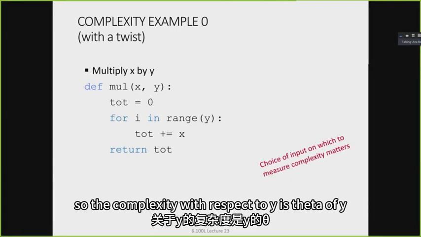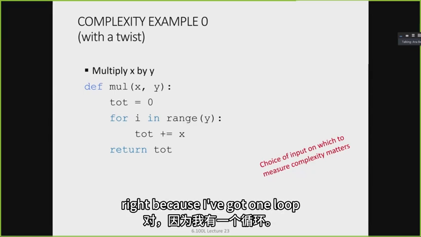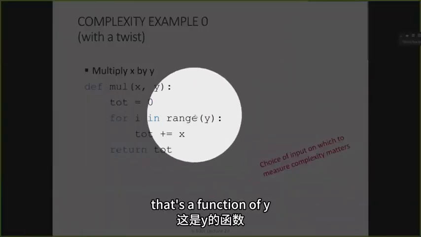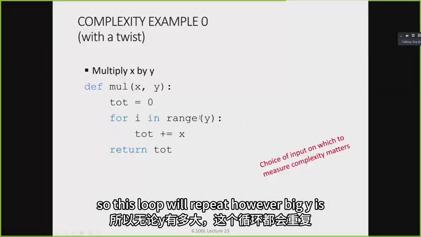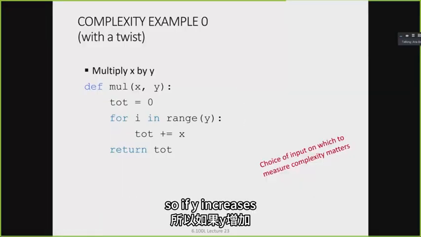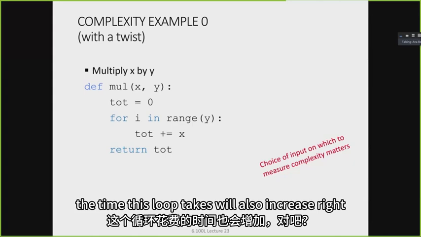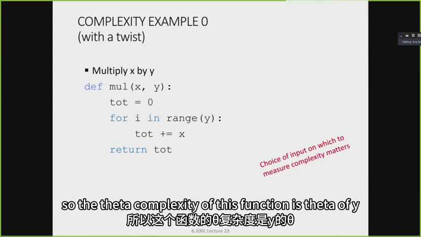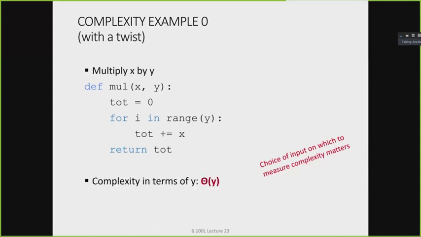The complexity with respect to y is theta of y, right? Because I've got one loop that's a function of y. So this loop will repeat however big y is. So if y increases, the time this loop takes will also increase, right? So the theta complexity of this function is theta of y with respect to y.